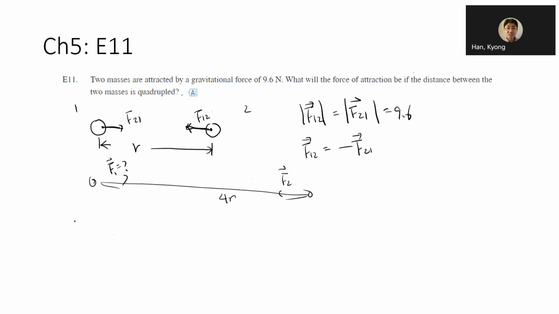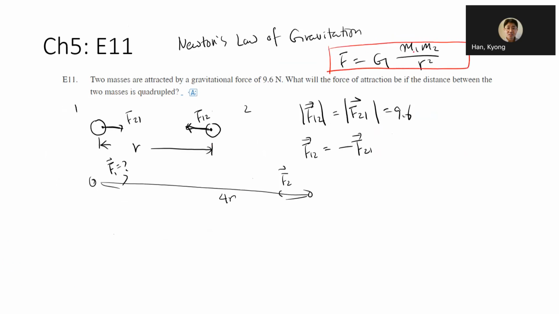Newton's law of gravitation: F equals G m1 times m2 divided by r squared. This is the formula. The force is proportional to the masses of the individual objects, and inversely proportional to the square of the distance.